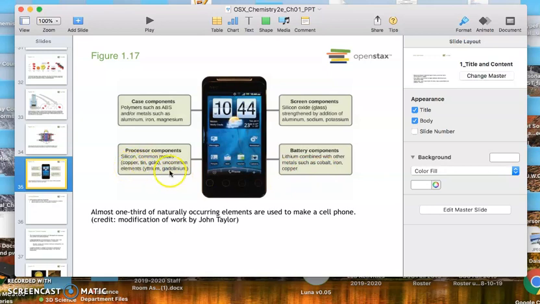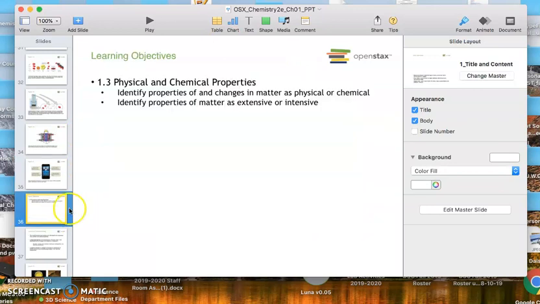Copper is expensive, and so you can do that. But anyways, just showing you the different types of elements that are used to make your cell phone. So next we need to talk about physical and chemical properties.